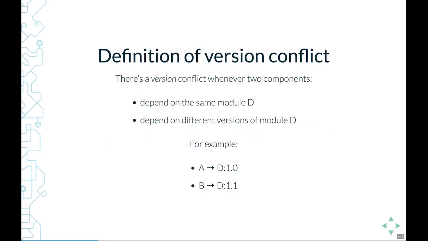So first, version conflict is actually something quite simple. You get two dependencies, they depend on the same module, and it can be either a direct dependency or a transitive dependency. So you have A that depends on D 1.1, B on D 1.0, and what you get is conflict resolution going on. We would select 1.1.